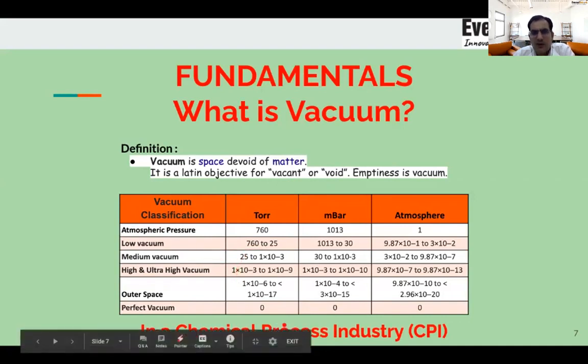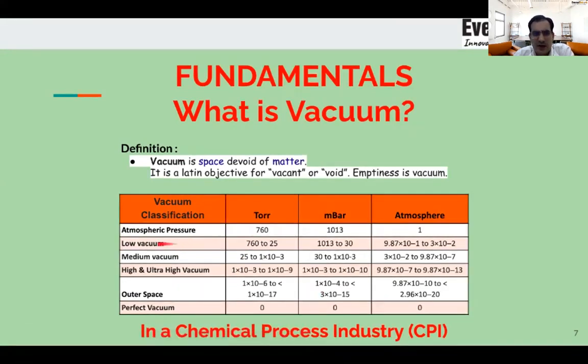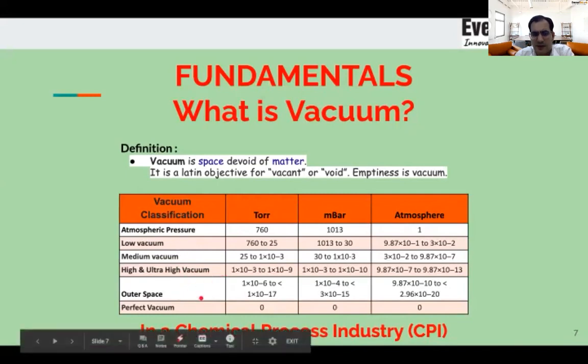When I talk about CPI, that is chemical process industry, our core focus will be either on low vacuum or medium vacuum. When we go to research or ultra clean applications, there we need to go up to a high or ultra high vacuum, and then we have outer space. And then we have perfect vacuum. So even space is not perfect vacuum.